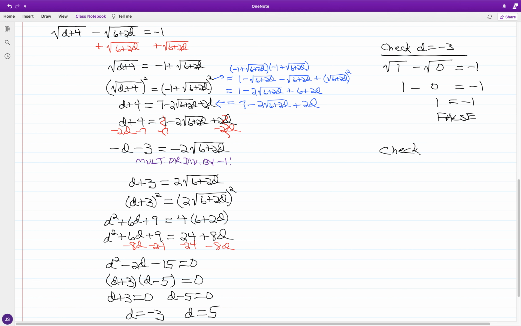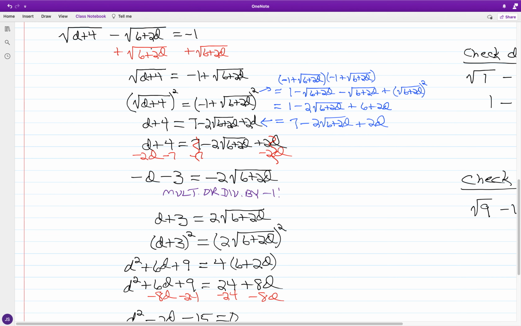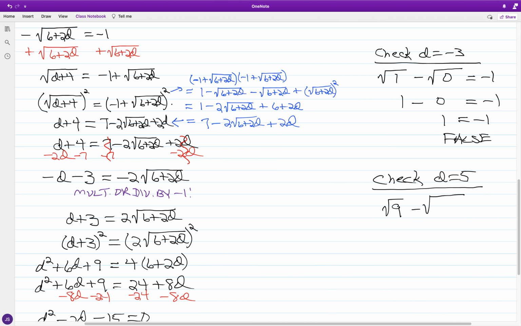Now if I check d is equal to 5, you got 5 plus 4 is 9. And then we have 6 plus 2 times 5, so that is going to be 16.